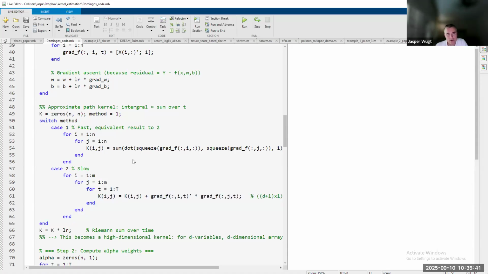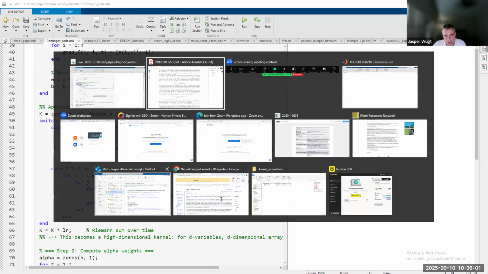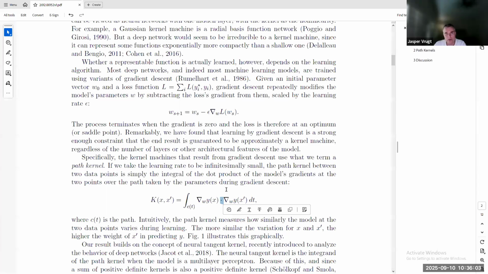Fast codes, in my experience, are usually not easy to read. So here, we take the gradients for a given sample and at a given training step, and you do this inner product. Important here, this is a dot product.